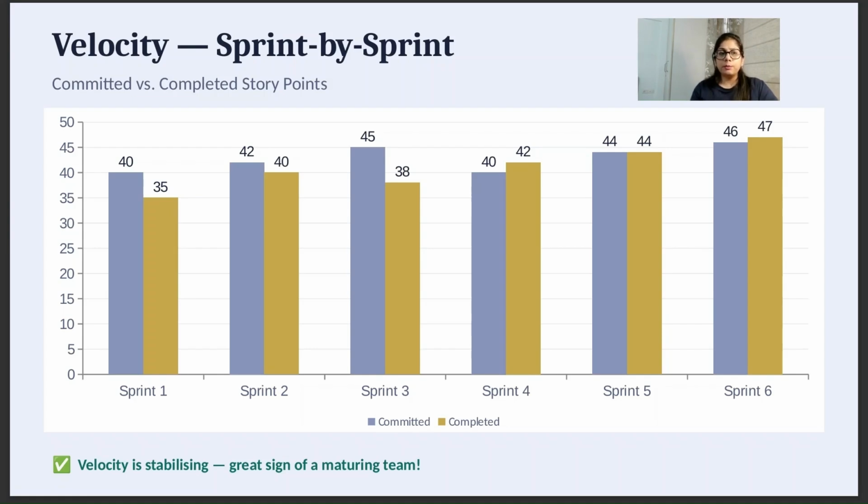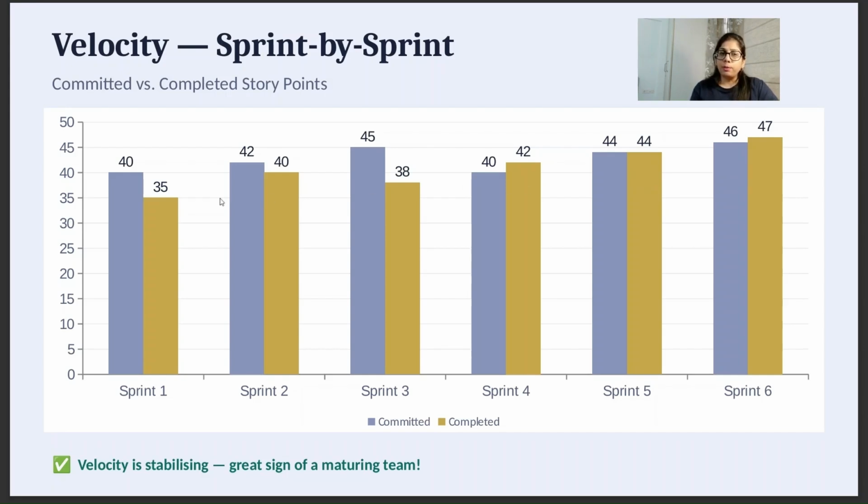So when you see in sprint 1, the team committed 40 story points, right? And they were able to complete 35 story points. Now, as we move ahead in sprint 2, sprint 3, and when you see by sprint 5 and 6, the team has managed to actually complete what they have committed.